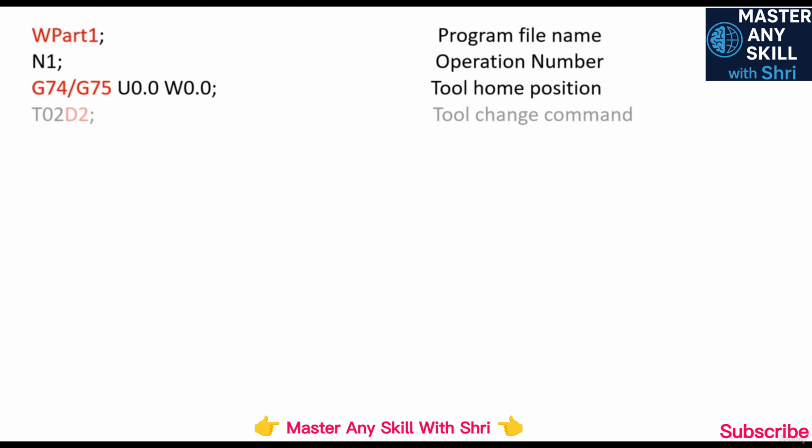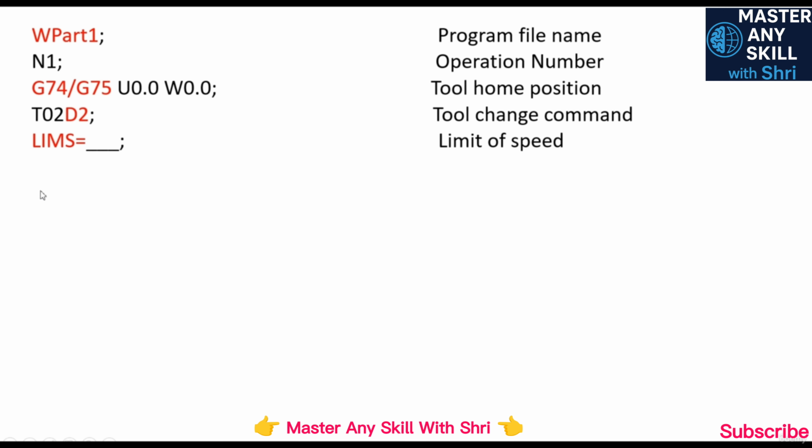After that, we call the tool. In Fanuc, we write T0202 for tool calling, but in Siemens, we write T02D2. The first 02 is for the tool number and D2 is for the offset number. After that, we write the G50 code to give the maximum spindle speed in Fanuc.